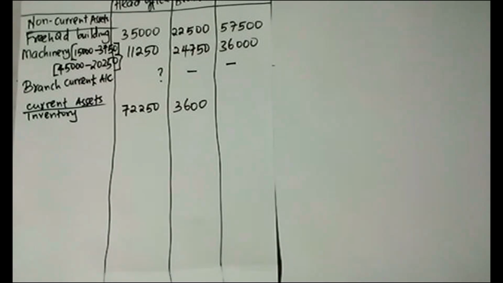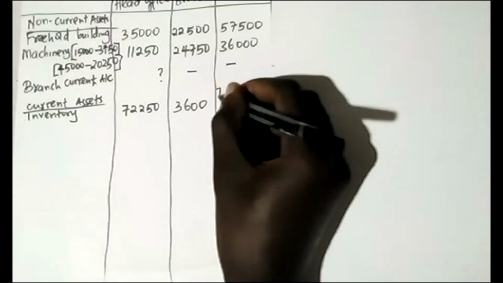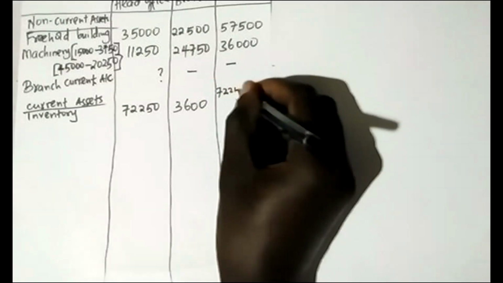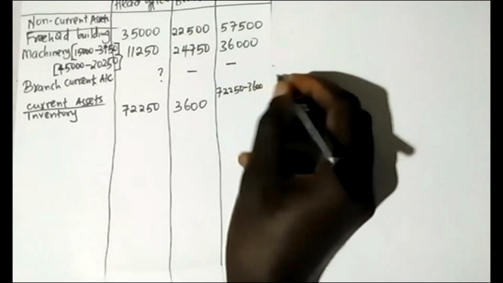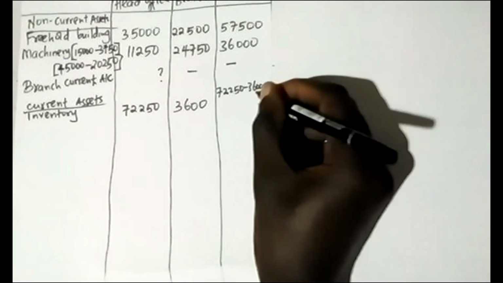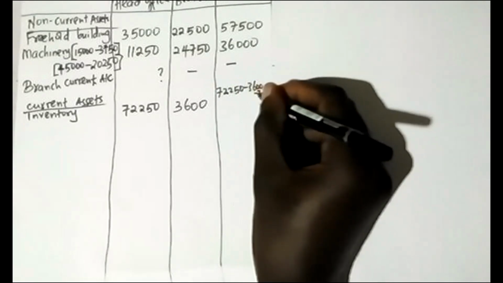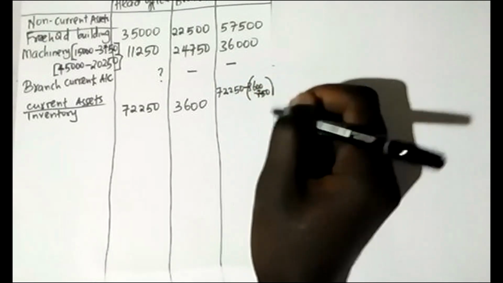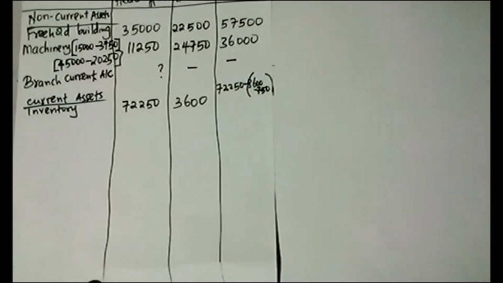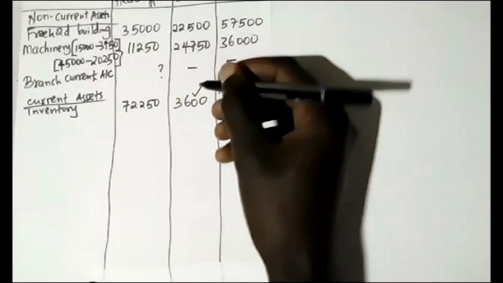So under combined, in order to get the combined, I have to take 72,250 plus 3,600. But now under 3,600, I have to minus 750. So why am I subtracting the 750 from here?